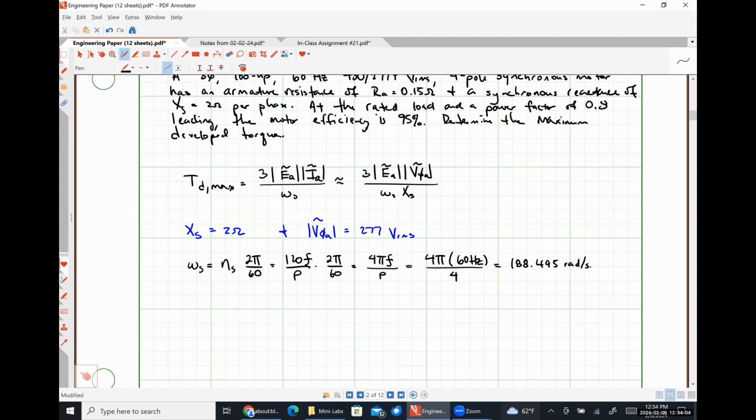All right, so omega_S is taken care of. Just using the exact same relationships that we were using for induction motors, right? Calculating our synchronous speed is the same regardless of the type of motor that we have.